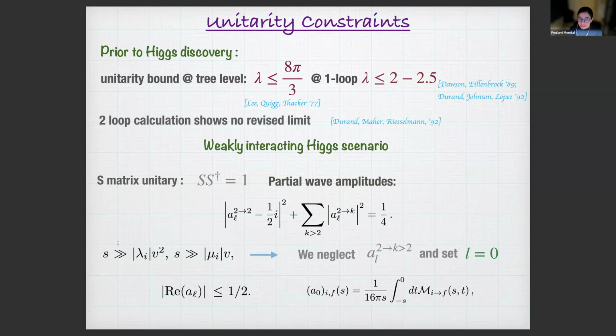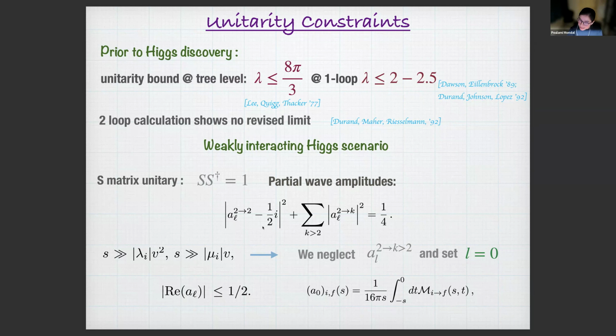When you calculate this unitarity at high energy, you neglect the k greater than 2 scenarios, which are the 2 to many-body scattering. If we neglect it, and set L equal to 0 partial wave, which contributes most in the high energy limit, you will stay with this equation only: the imaginary part of a 2 to 2 minus half, mod square, equals 1 over 4. Your second term will go to 0.